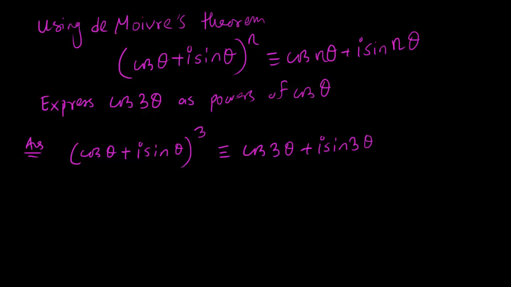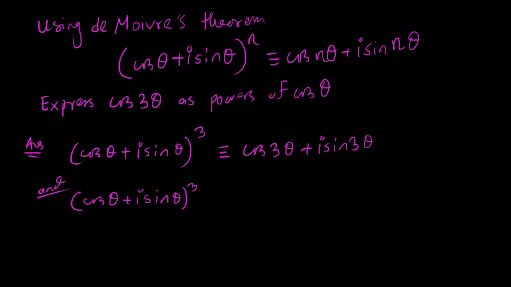Now the next thing we have to do is break this left hand side, cos theta plus i sine theta to the power 3. If we did not have de Moivre's theorem, we would have to break this down using the binomial theorem.